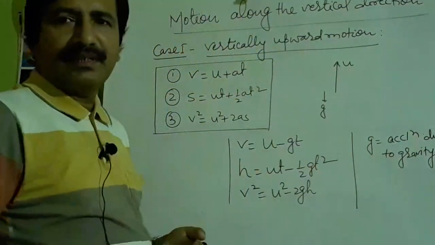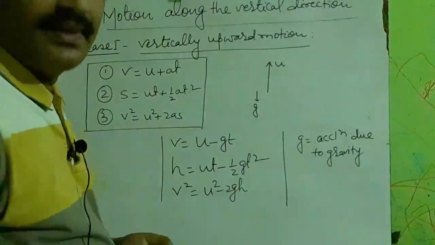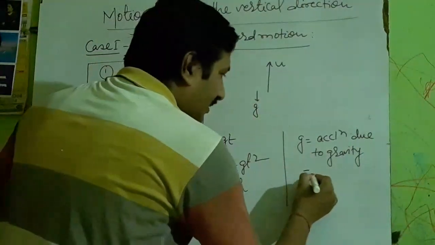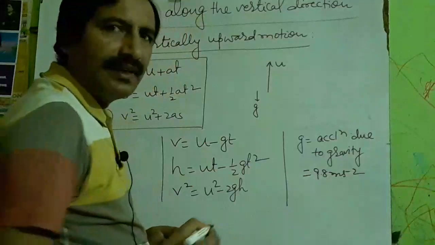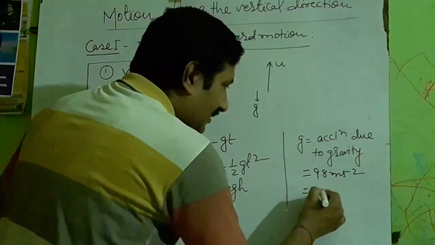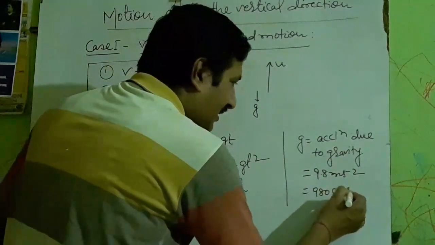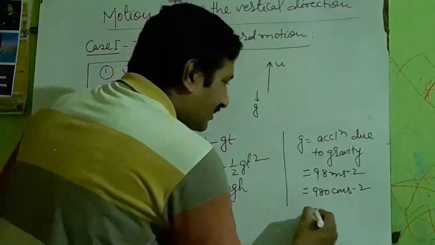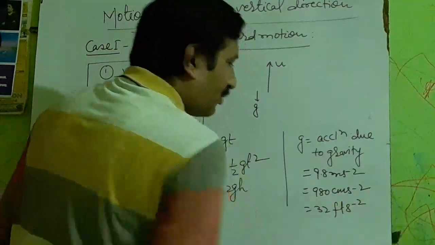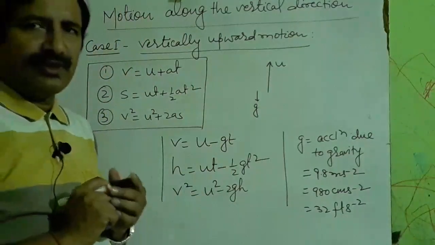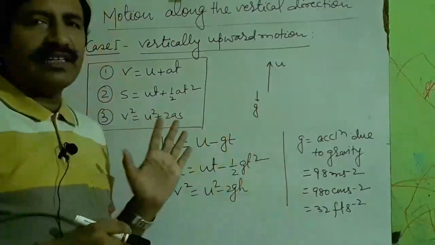Acceleration due to gravity, its value is 9.8 meter per second square, 980 centimeter per second square, and 32 feet per second square. So whatever the system of units, you can use accordingly.